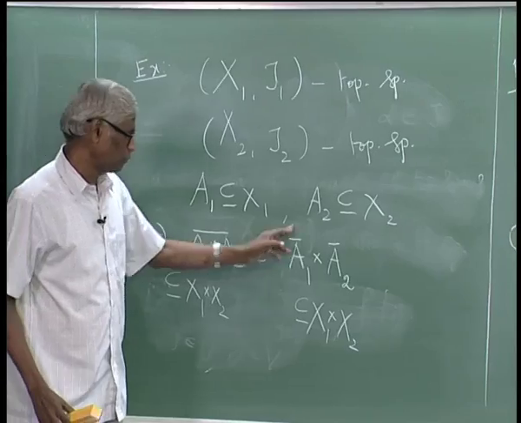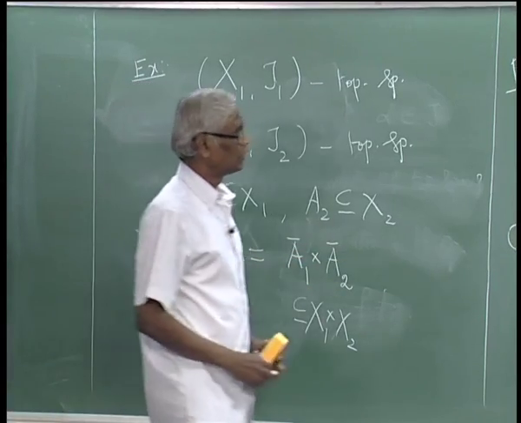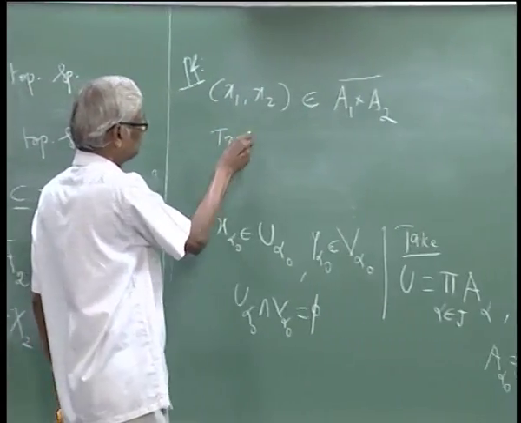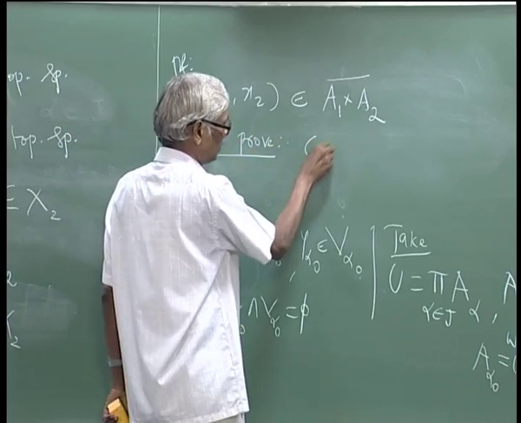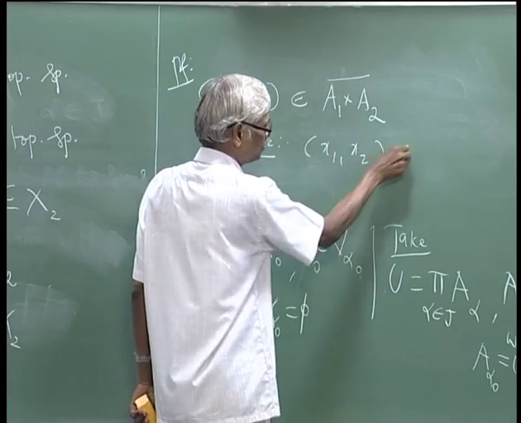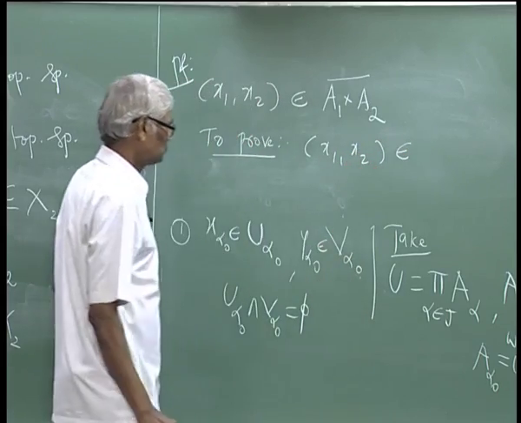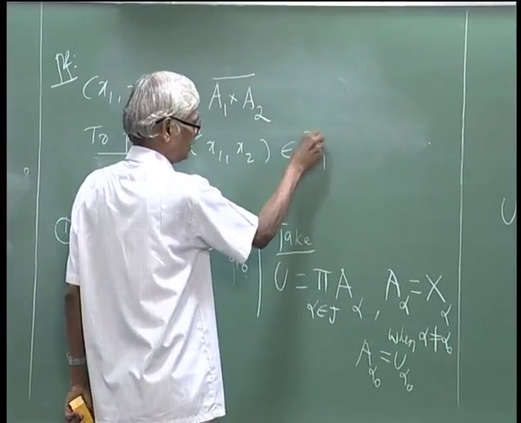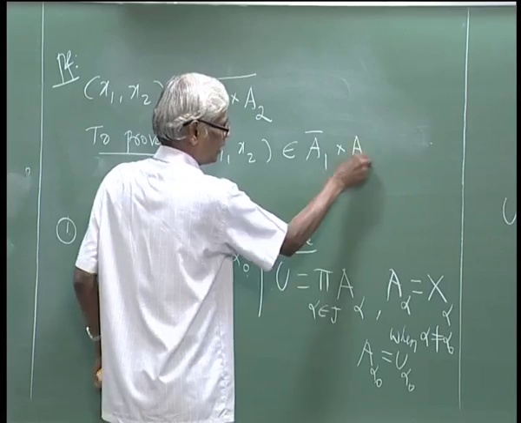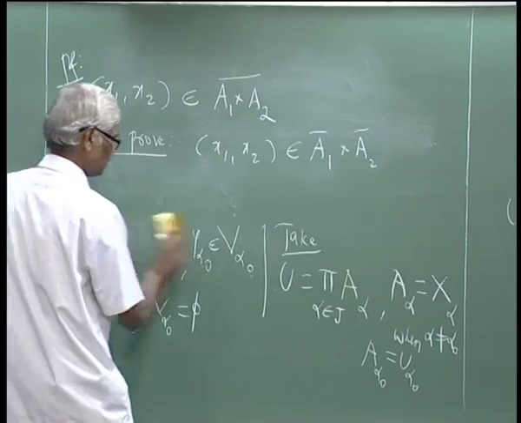What we aim to prove is that the ordered pair (x_1, x_2) belongs to A_1 closure cross A_2 closure.